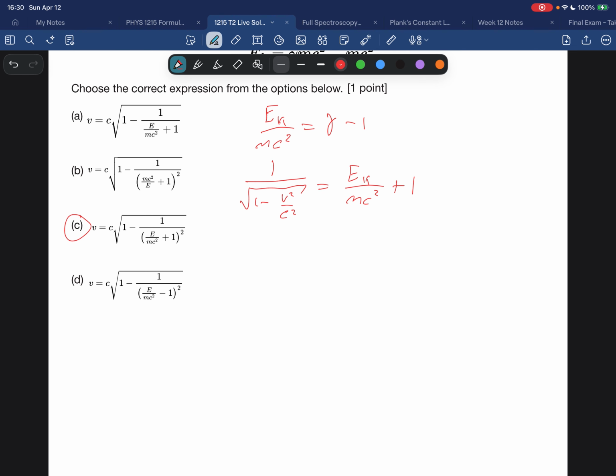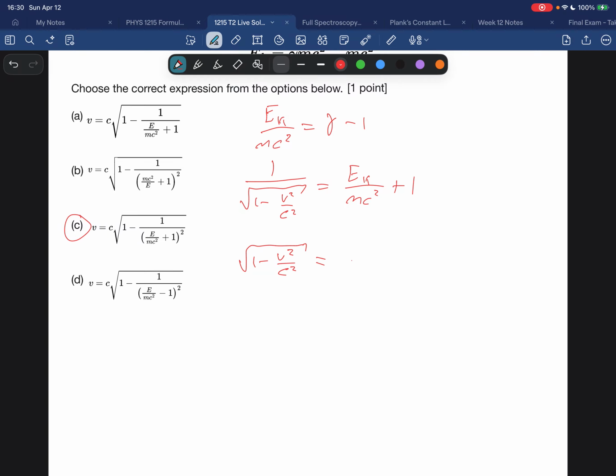First, I am going to make it so that gamma on the left-hand side flips, so that I get 1 minus v squared over c squared all square rooted, so that this is no longer the bottom of a fraction.